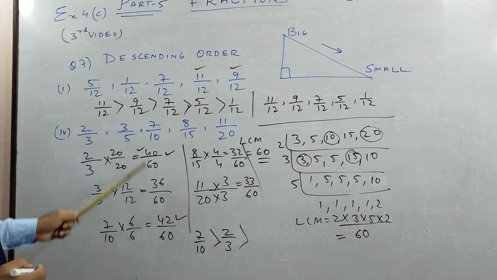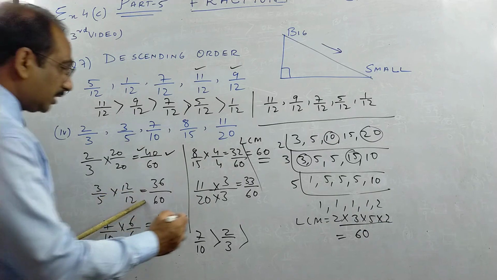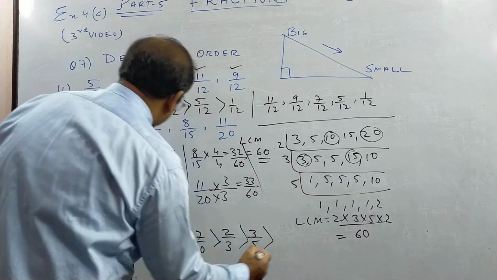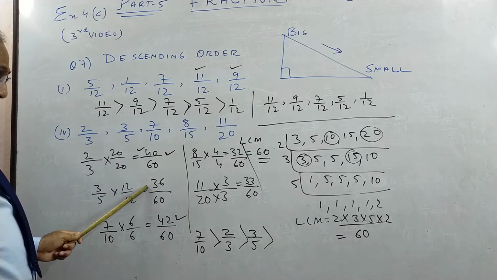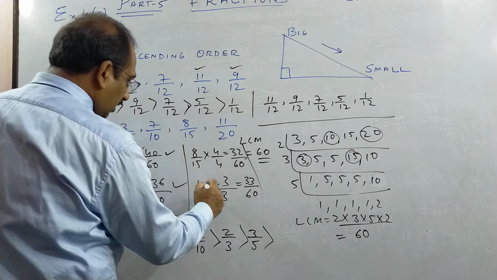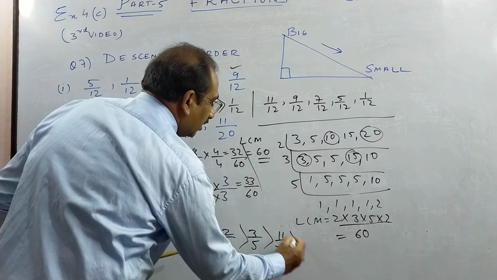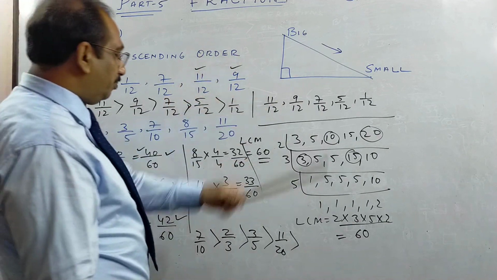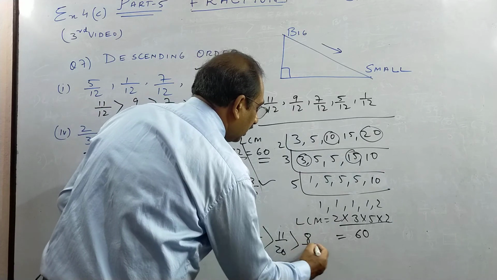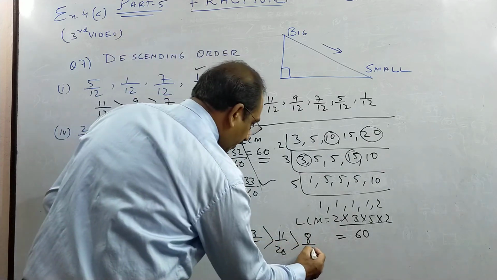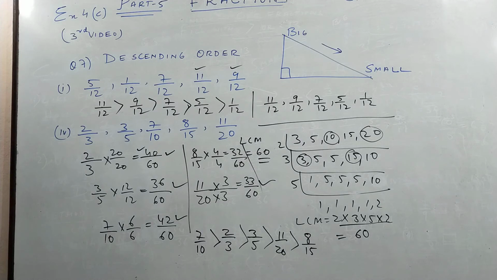Okay, 42 by 60, 40 by 60. Next is 36, 3 by 5. Then after 36, next smaller is 33, 11 by 20. And the smallest here, because we are going big to smallest, is 32 by 60, that is 8 by 15. So check once more and see whether we have got the correct answer or not.